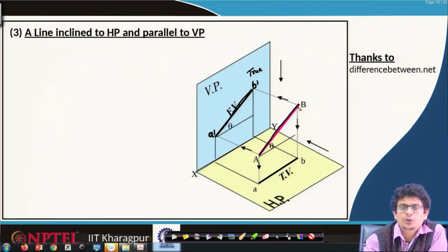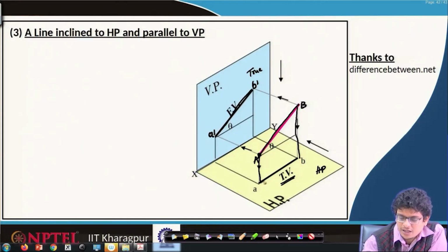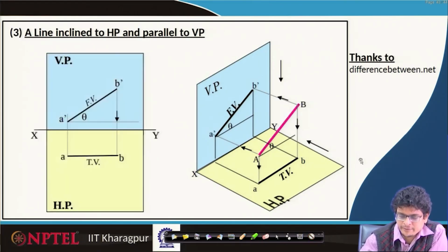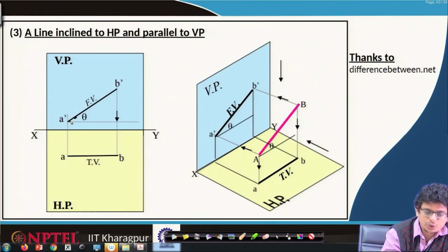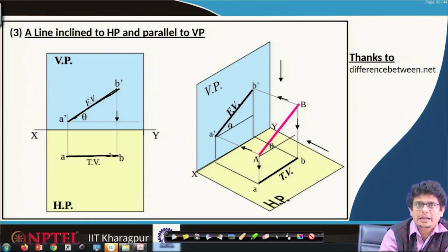When we look at the projection of this AB line onto the horizontal plane as a top view, we are going to have the projection of A and the projection of B as an apparent length, which is smaller than the true length in this case. So this is true length, and this is the projected apparent length.